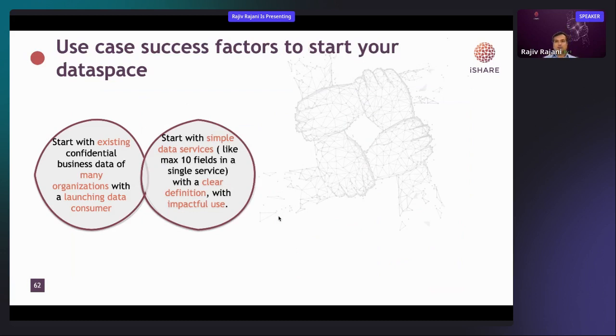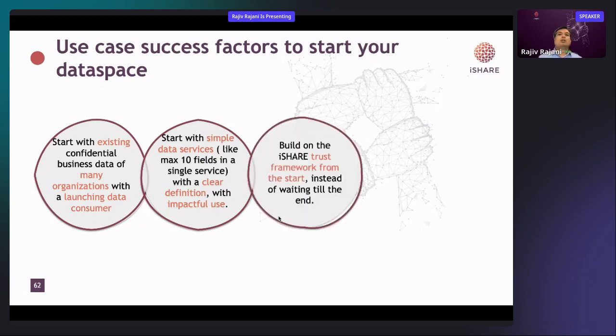Start with a very simple service, of course. You don't need to engineer everything in the start, but you can start small by taking a very simple use case where you share a basic set of information with each other, but then you define all the aspects around it: how you will share that data, what data model you will use, what would be the standard, and things like that.